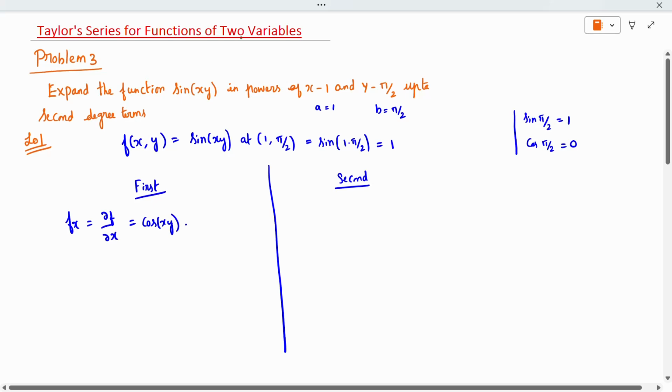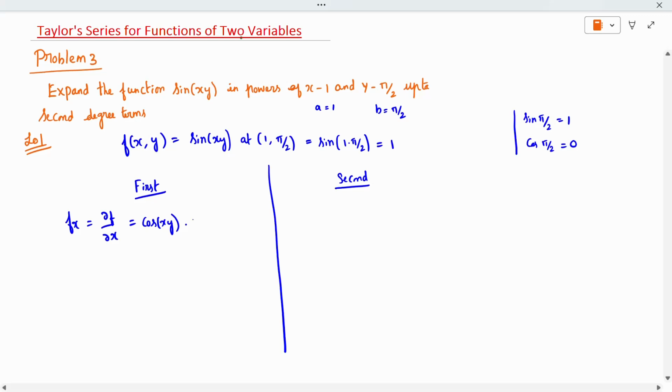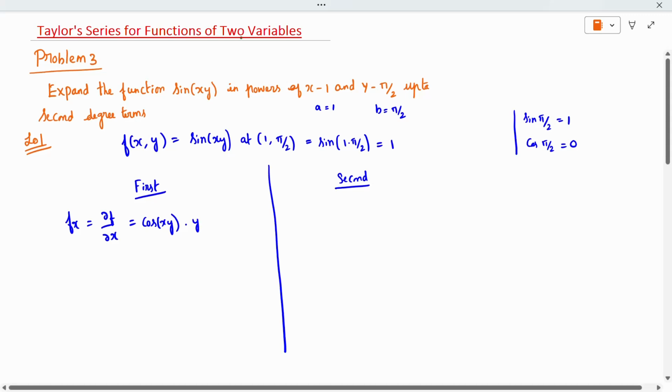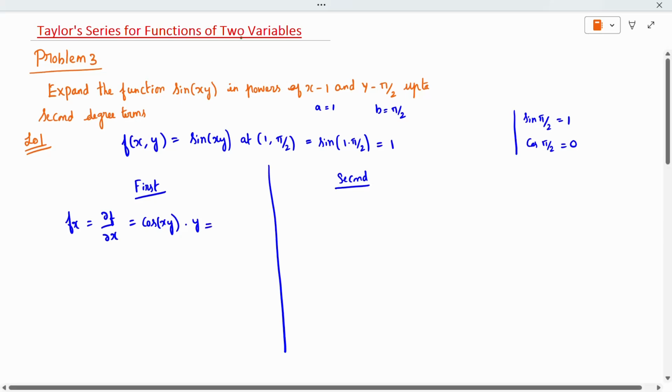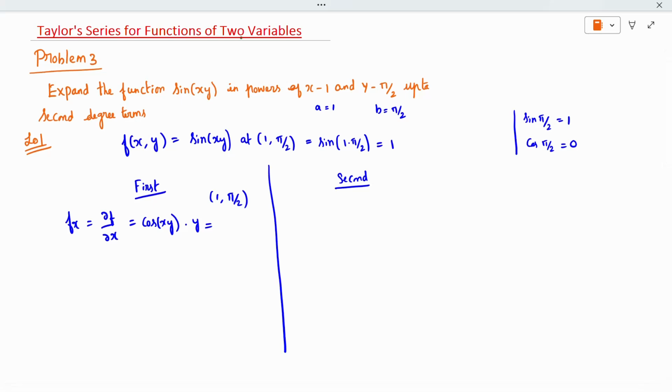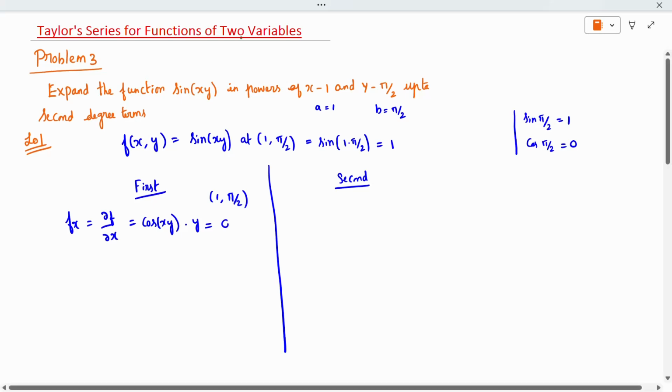With respect to x only, y is a constant, and x differentiates to 1. So it is y into cos xy. Now at the point 1 comma pi by 2 we substitute: x is 1, y is pi by 2, and cos pi by 2 is 0. So fx is 0.